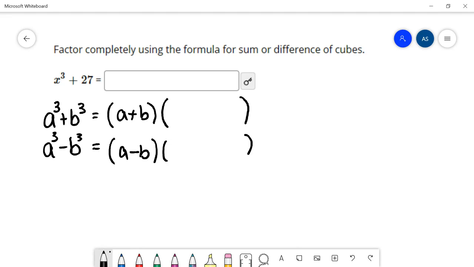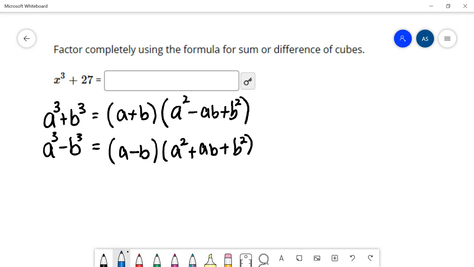Then we have our 3 terms, and the 3 terms will have a squared in the front, b squared in the back, and in the middle we have ab. And we have a minus here, a plus here, and plus on both of these. So really the only difference between these two formulas has been the plus and minus symbols.